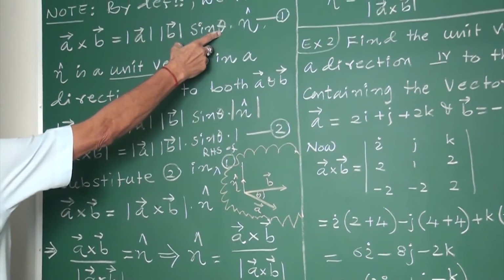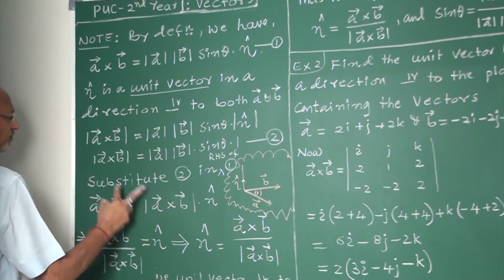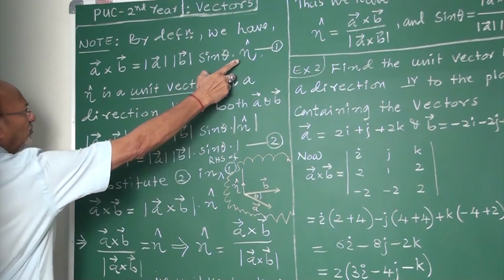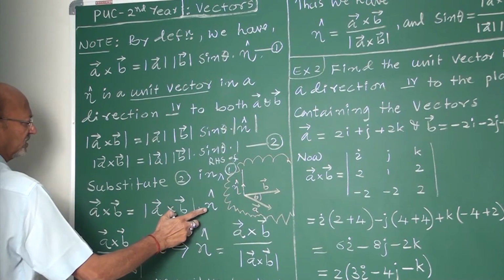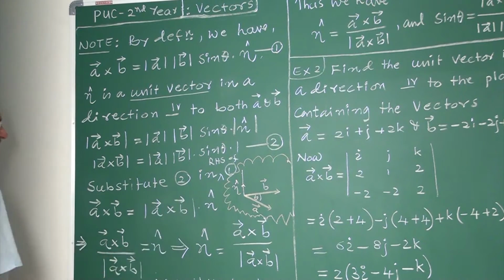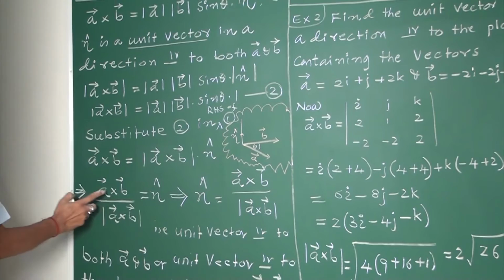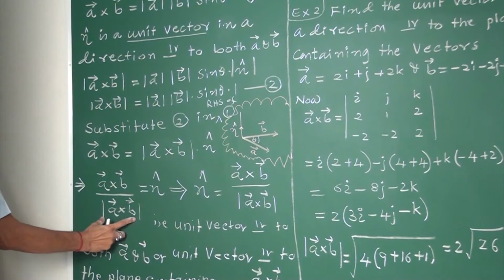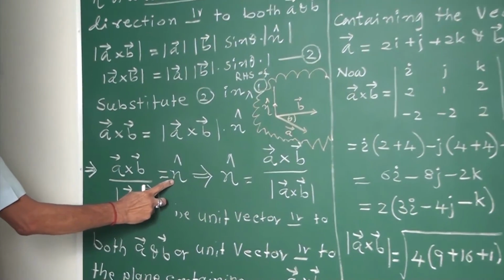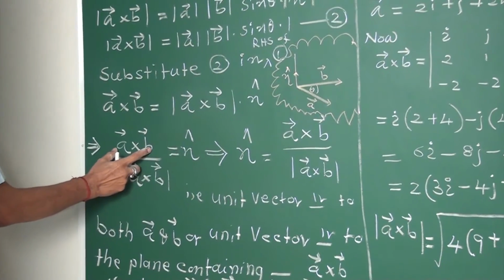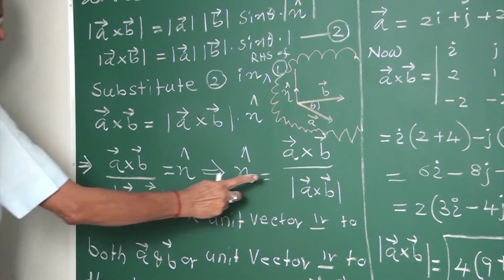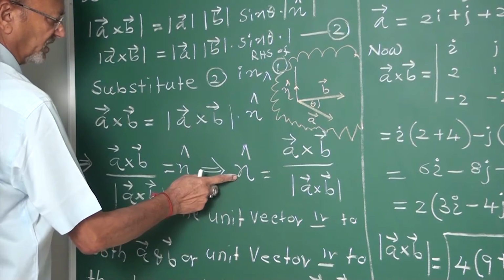From here to here, its value is magnitude of A cross B into eta cap. Solve it. You bring it down. So eta cap is A cross B upon magnitude of A cross B. What is LHS?